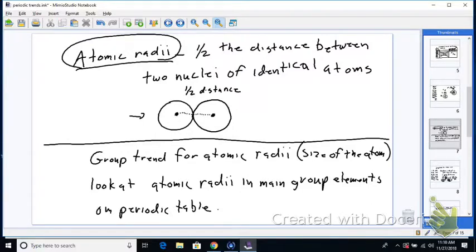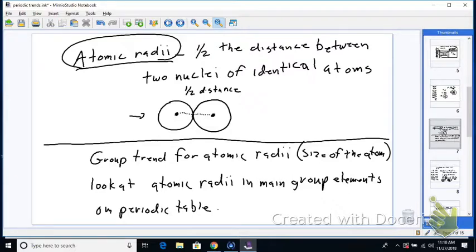Okay? Now, you guys get to choose your trend. And if you see one that you kind of understand, you see a trend associated with it, then you can pick that trend. Not all of them work as well as the period trend or atomic radii. Atomic radii is pretty easy to see. Some of these others are a little tougher to see.